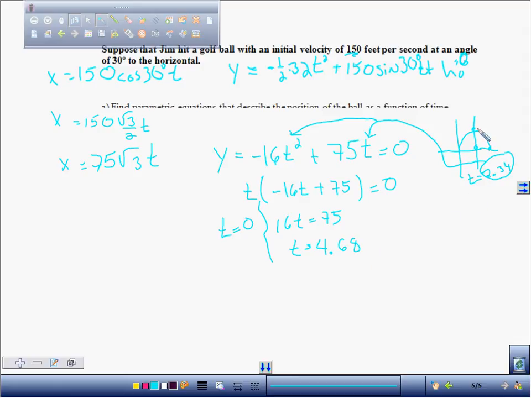You're basically finding the vertex of that parabola. And so y of 2.34 gives you about 87.9 feet.